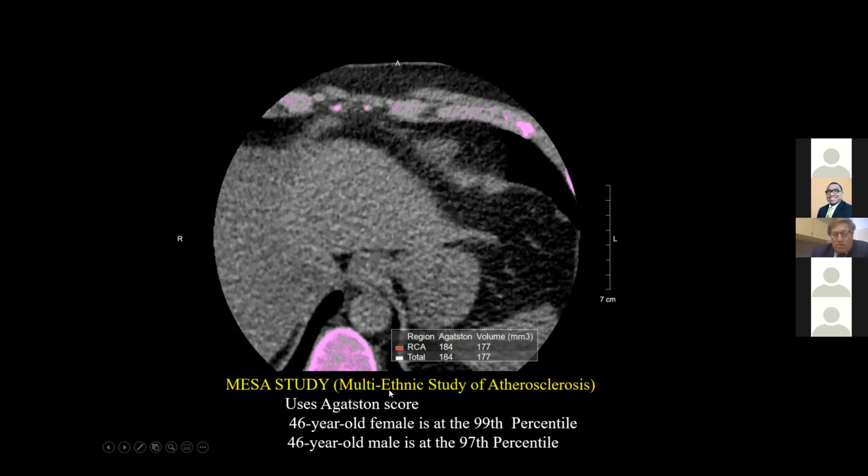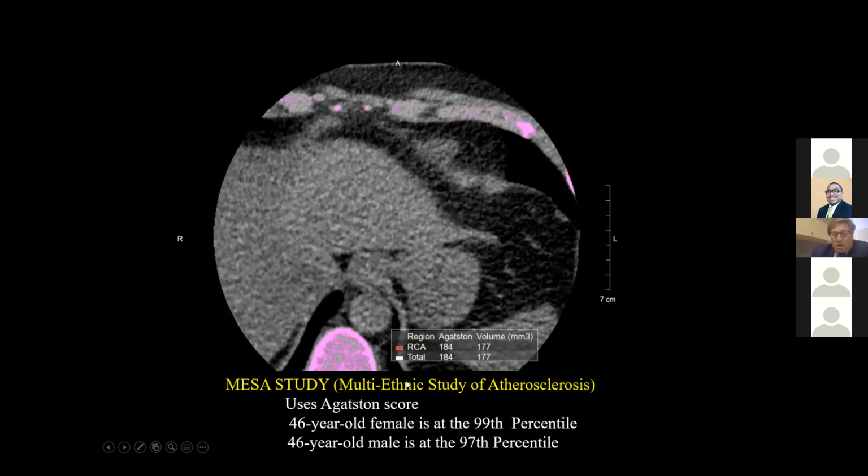We then use the Multi-Ethnic Study of Atherosclerosis. Let's say this was a 46-year-old female. That would put that patient at the 99th percentile. It's like golf, you want a lower score. So this patient has more calcium than 99% of females of the same age. If this were a male, a 46-year-old male would be at the 97th percentile.